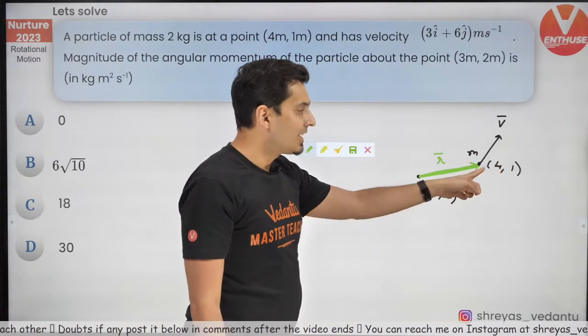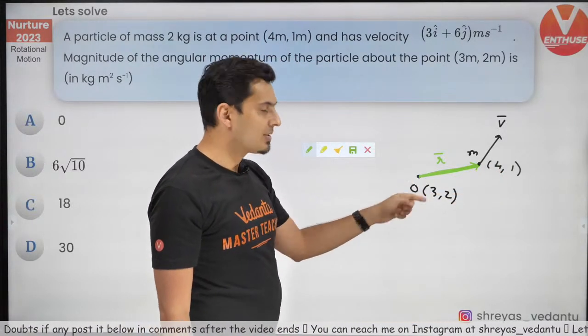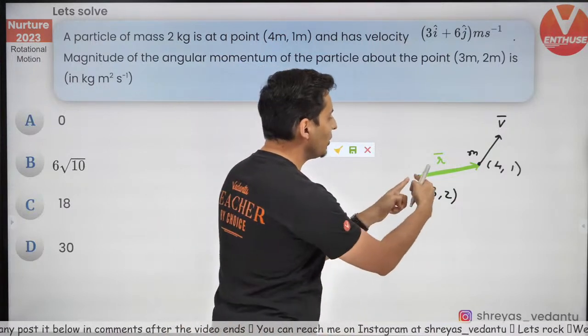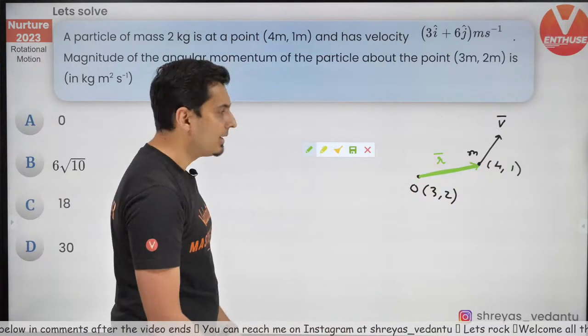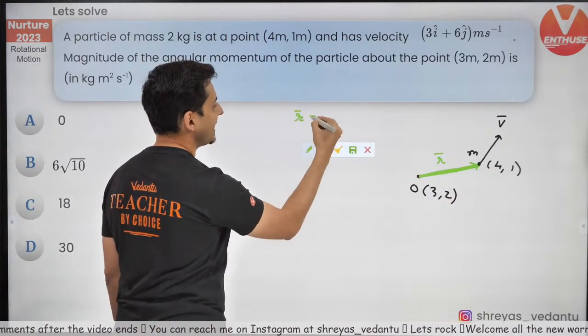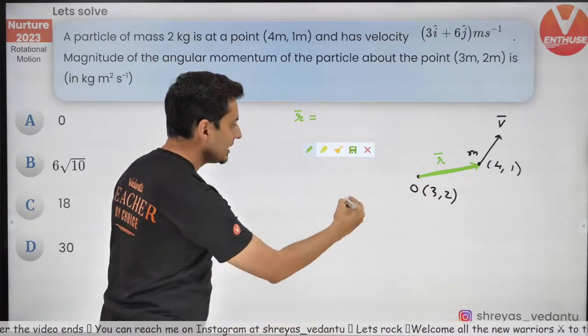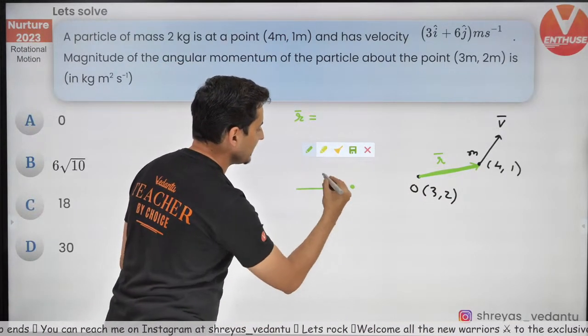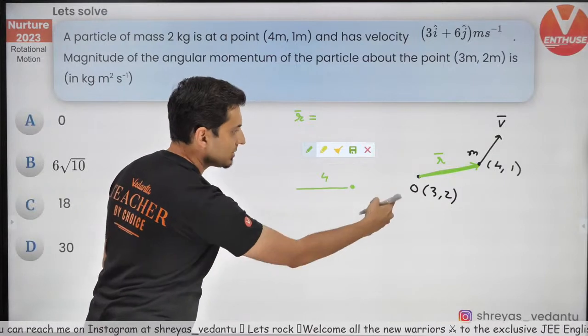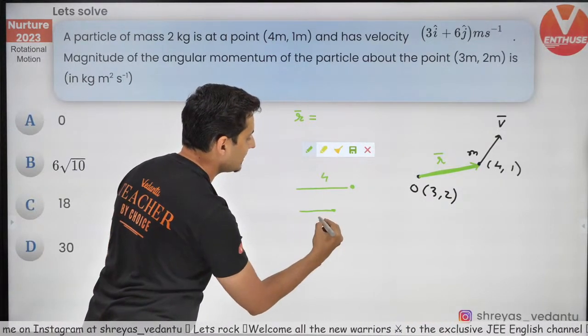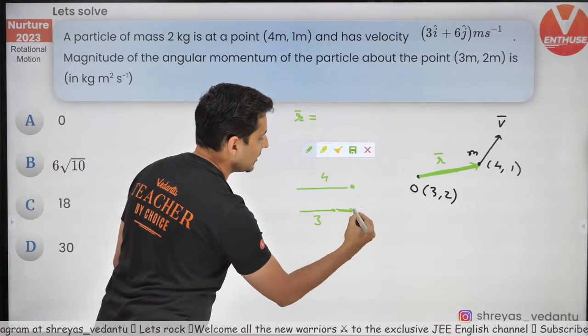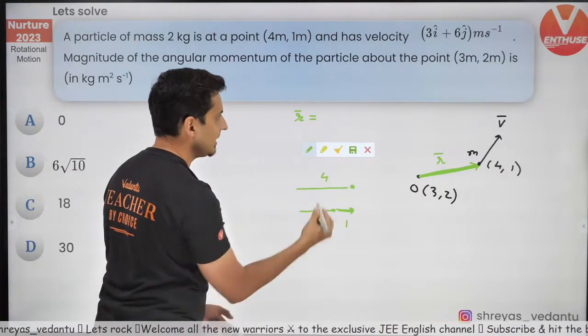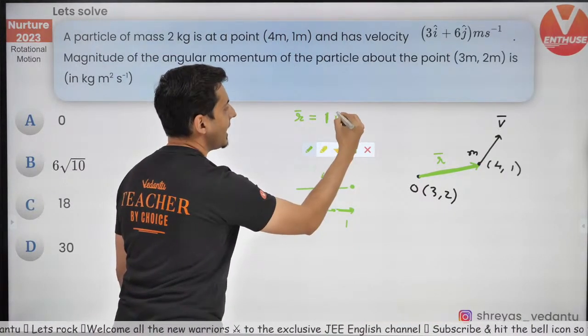4 units x coordinate, 3 units x coordinate. So I know what is the x component already. That position vector, think logically, that is 4 units in x. This point O is 3 units in x. So what is the x component? Obviously it is 1, right? So it will be 1 i cap.